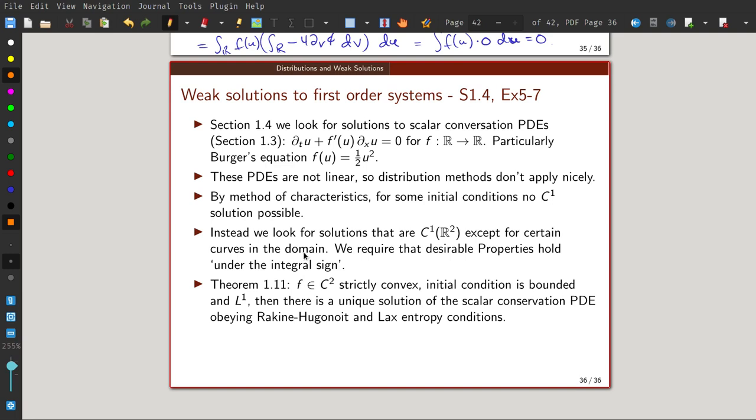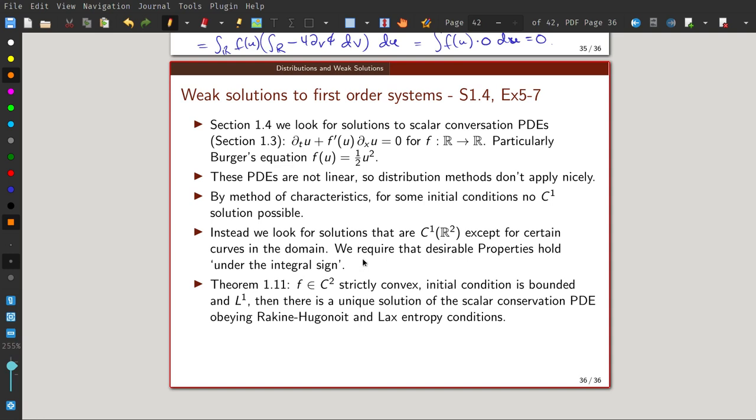Instead, what we required at those points were certain desirable properties. For example, we had the Rankine-Hugoniot condition and the Lax entropy condition. Those were both conditions that had to hold at every point of the so-called discontinuity along this curve where the function was not required to be C1. So we replaced satisfying the partial differential equation at these points with satisfying some other conditions that were inspired by physics.